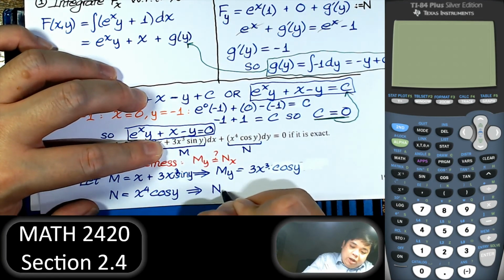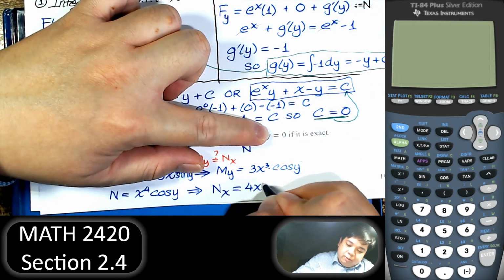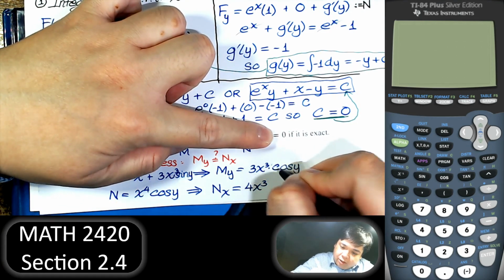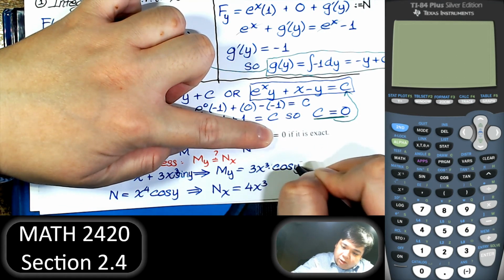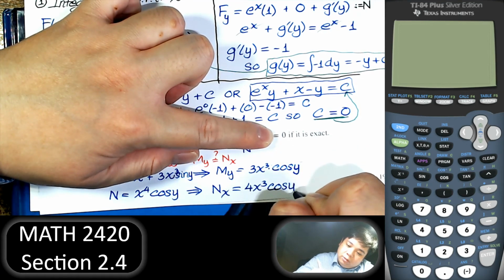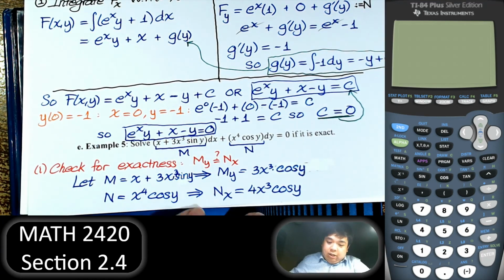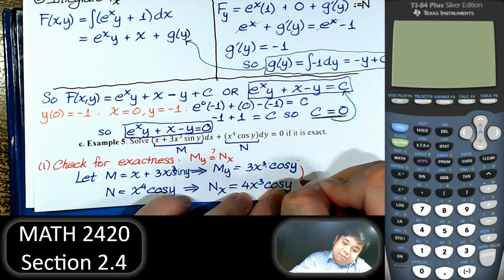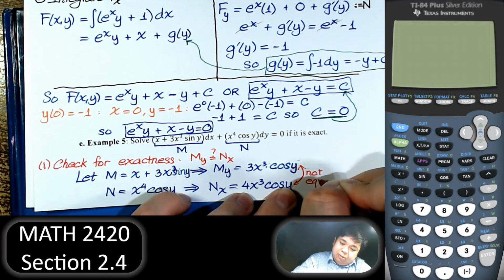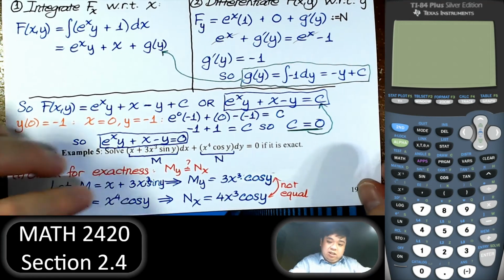Derivative of n with respect to x: the derivative of x to the 4th is 4x cubed, and cosine y is a constant. Right, and they're not the same. So in that case, this equation is not exact.